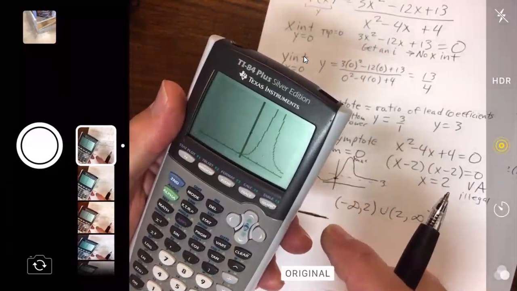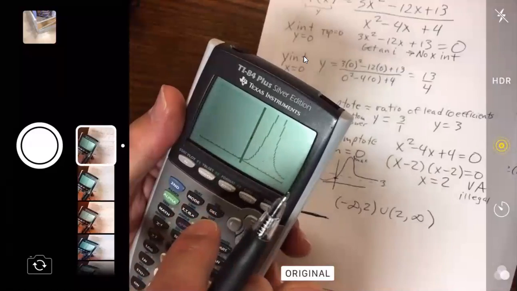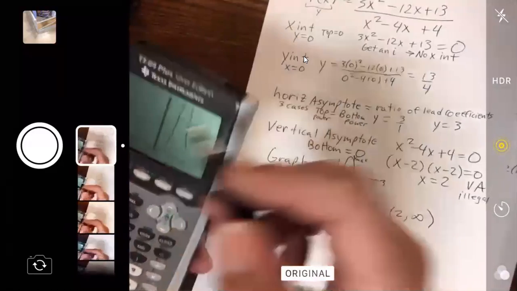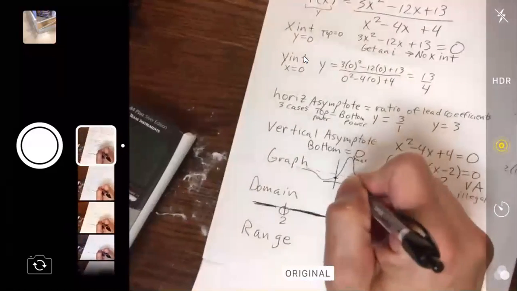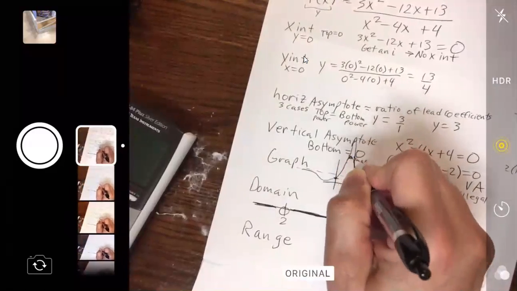This is really strange. Oh, it's blowing up at 2. It's not curling back. My fault. There's a vertical asymptote at 2. No wonder I'm totally confused.